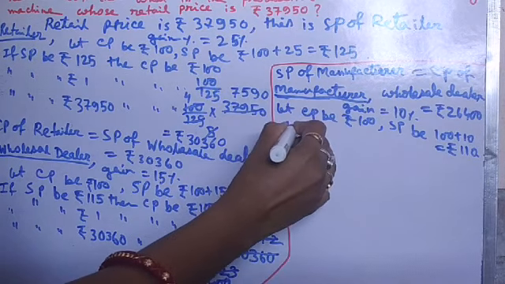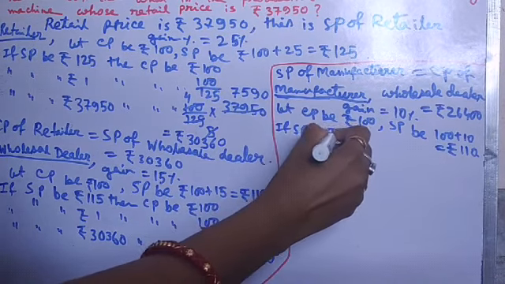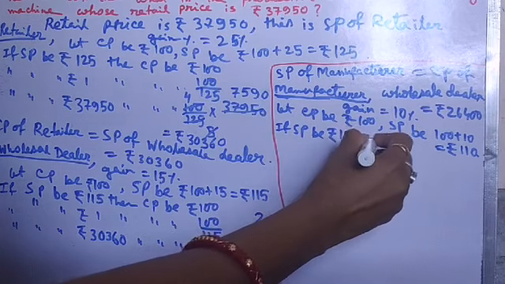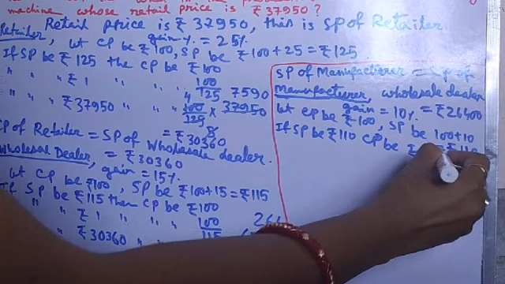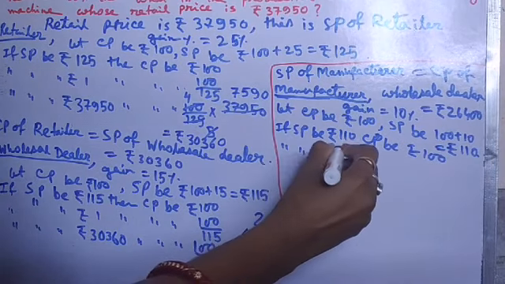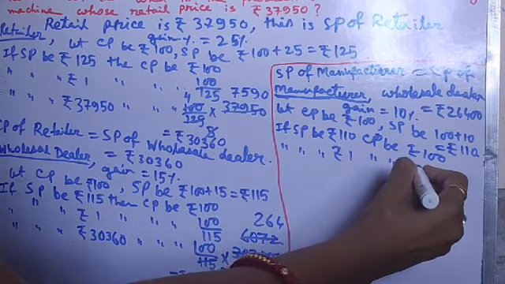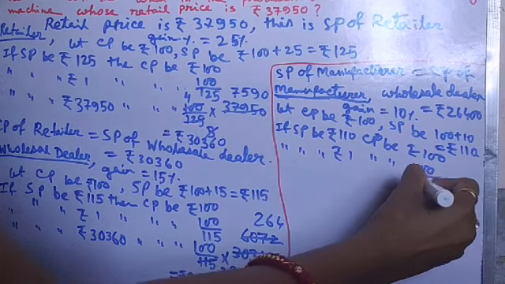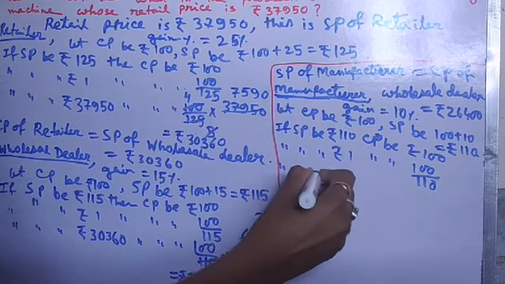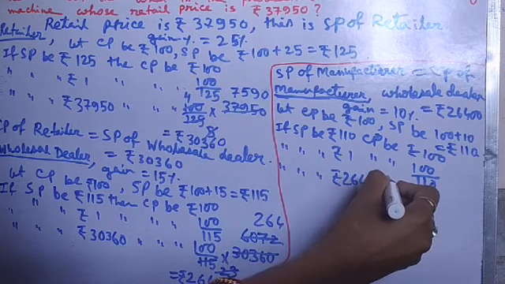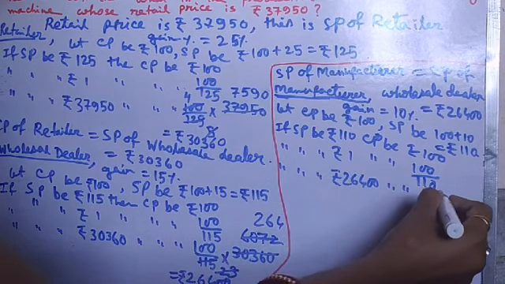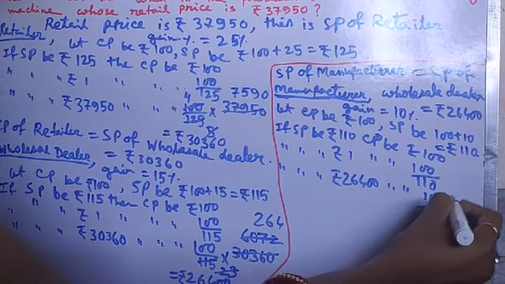So if SP is rupees 110, then CP is rupees 100, and CP is 100 by 110. If SP is rupees 26,400, then CP is 100 by 110 into 26,400.